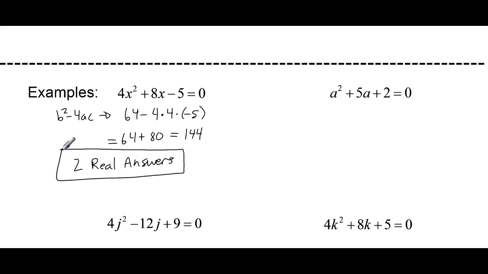Now there's actually an extra thing that this is telling you here if you think a little bit more about what we talked about in the previous section of the book. 144 should kind of set off some alarm bells in your head. 144 is a perfect square. That's 12 squared. And since this is the number that's lurking inside of the square root, what that means is this square root is going to simplify entirely away.